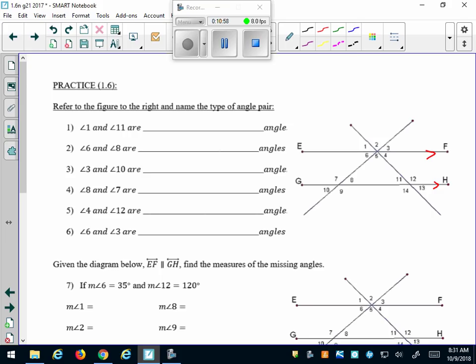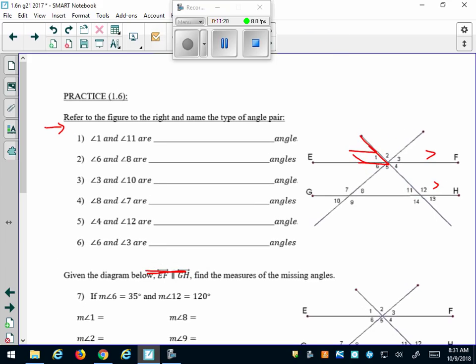Actually, I think we say that they are down here. So that's for those exercises. So these were just naming the actual names. 1 and 11. That's the one that we can slide, right? So that's going to be corresponding angles.